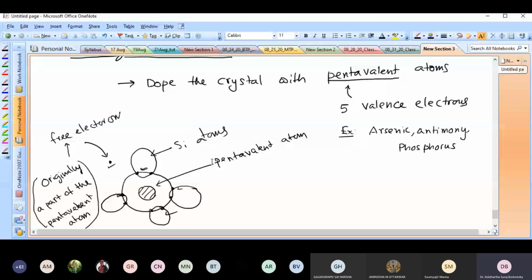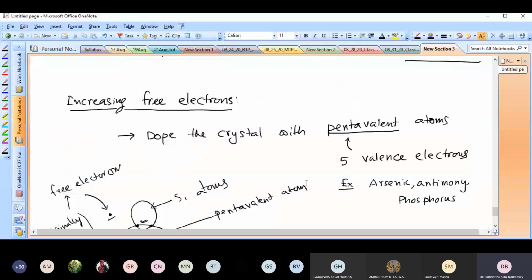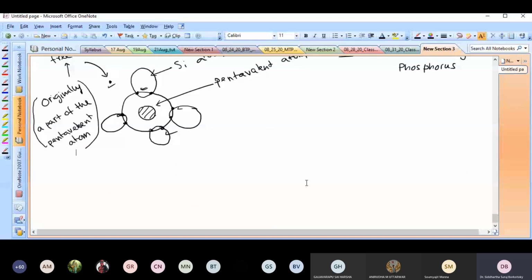That valence electron becomes a free electron. There is an excess of free electrons in this crystal, which has been doped with pentavalent atoms. The pentavalent atom donates an extra electron, so for as many pentavalent atoms as you add, you get as many free electrons.